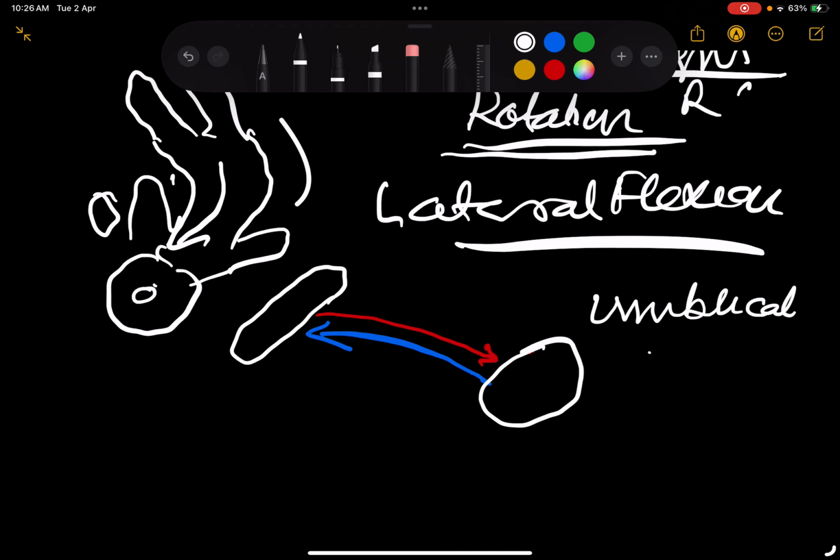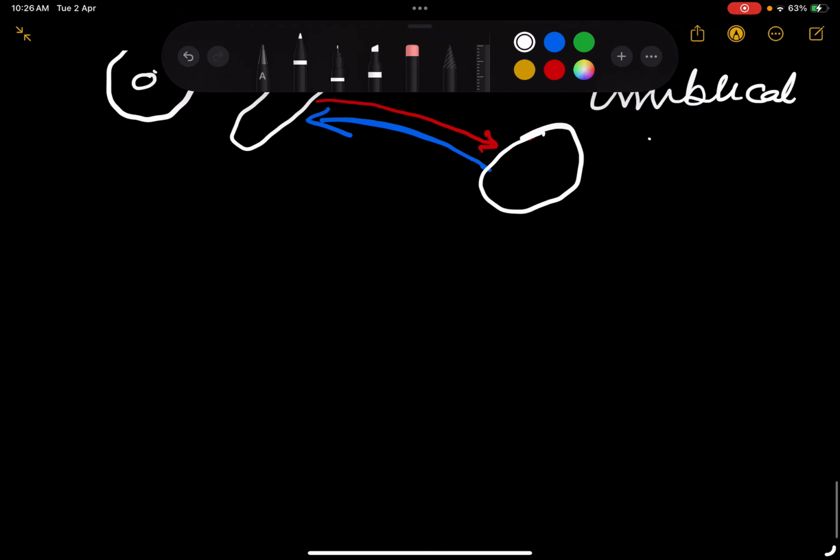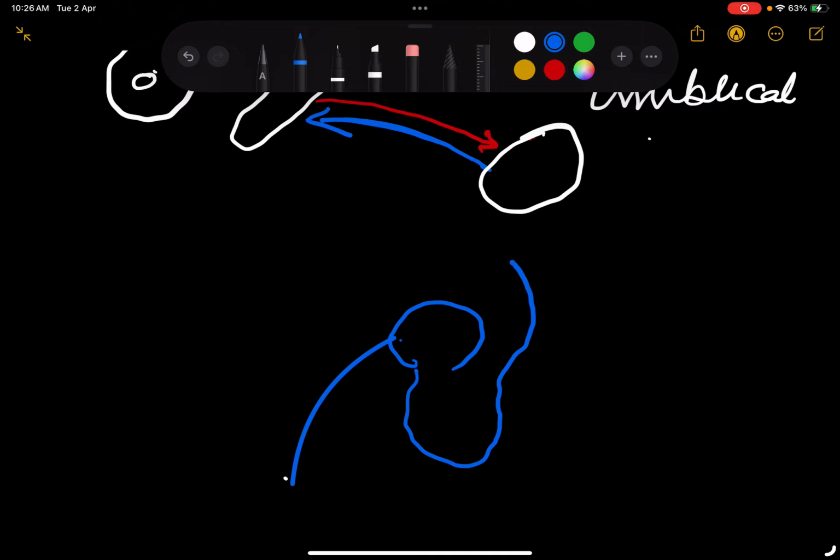Now what will happen? Deoxygenated blood will now be coming through the veins into the heart. So this will be the atrium, then it will go into the ventricle, then through the pulmonary arteries into the lungs.